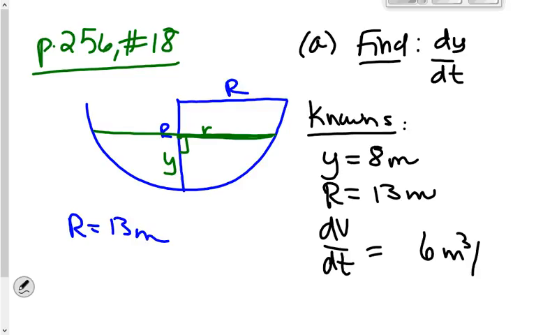Okay, but let's talk about that for a minute. What's happening? Am I adding liquid to my reservoir, or am I taking liquid from my reservoir? It says that the water is flowing out, so I'm losing it. So it's got to be a negative sign there. Okay.